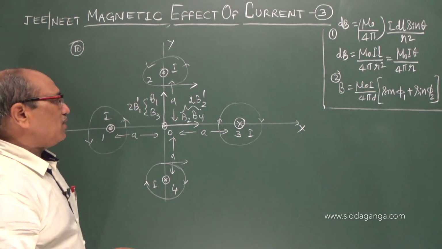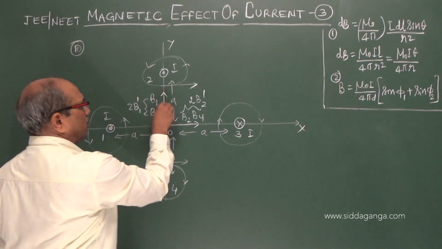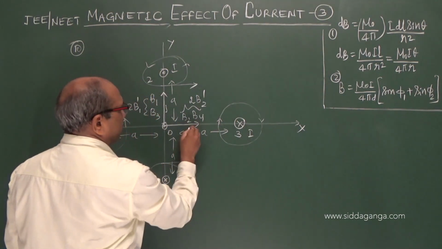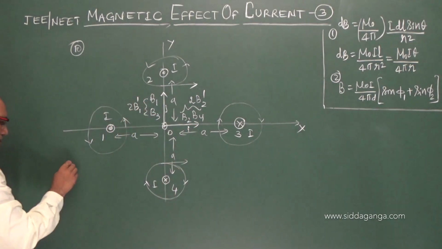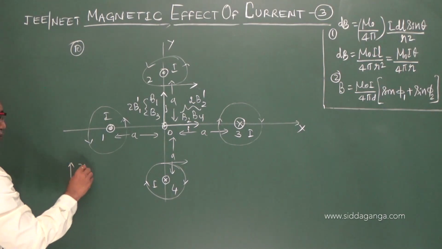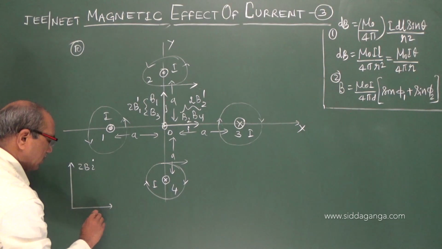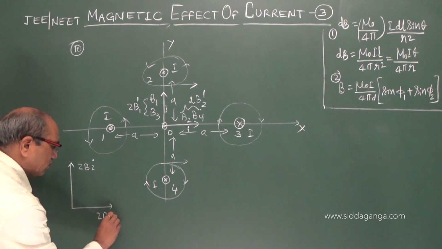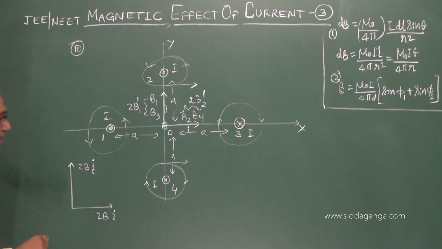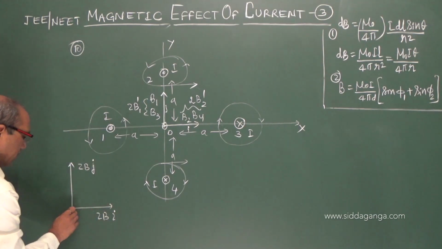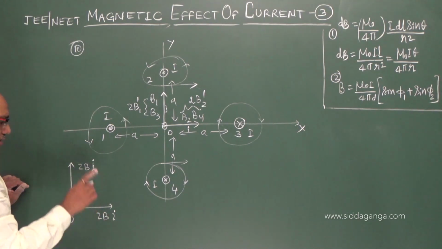Both are in perpendicular directions. It is in the direction of J, it is in the direction of I. That I can write here as 2B in the direction of I and 2B in the direction of J. Current is in the direction of K, so they are perpendicular to each other.